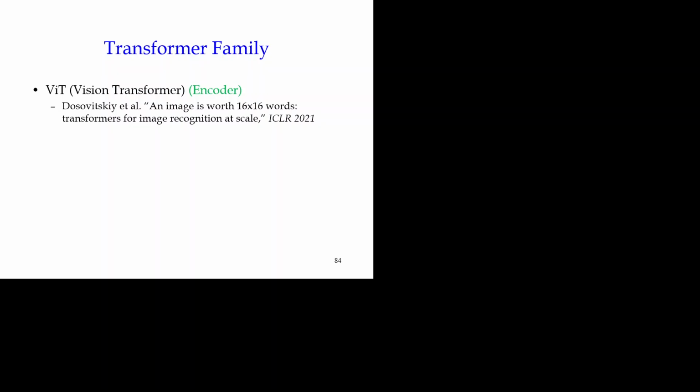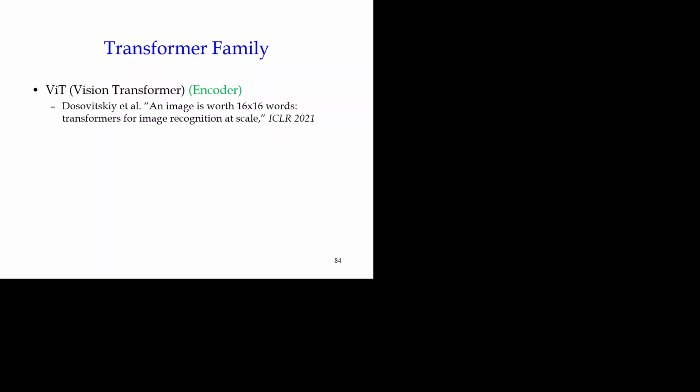And next is Vision Transformers, also published by Google. It's an encoder. The Vision Transformer tries to transform your image into a representation vector. You can use this vector to do classification or segmentation or any computer vision related task.